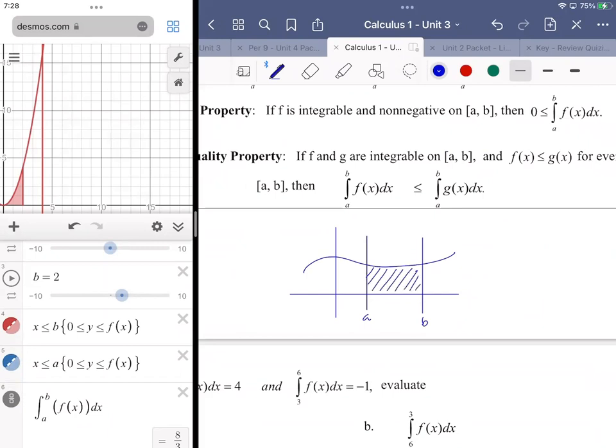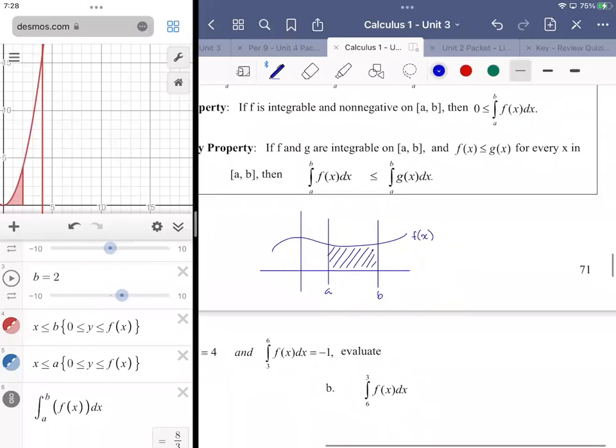We'll call that function f of x. Now, if I tell you that there's another function over the same interval that has a larger value, we'll call that g of x. All this rule is telling us is that it's going to contain more area.